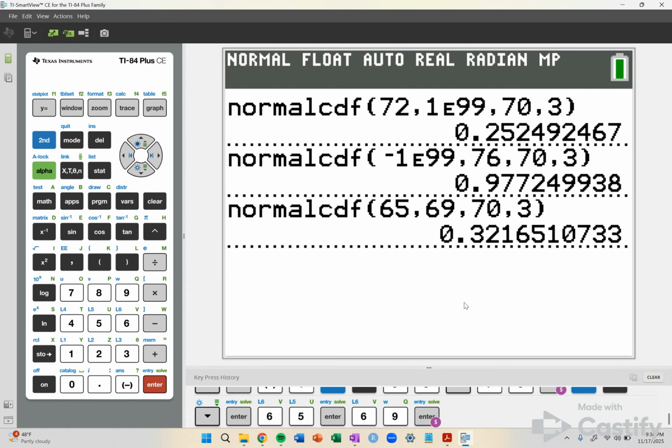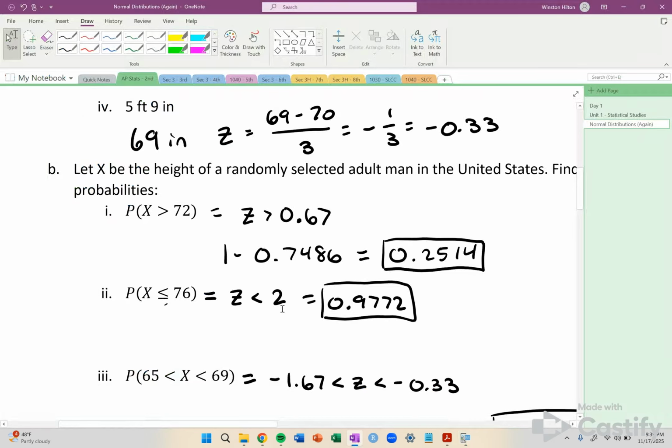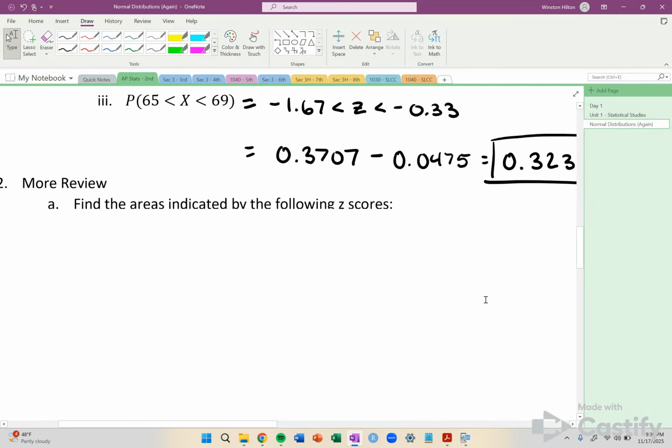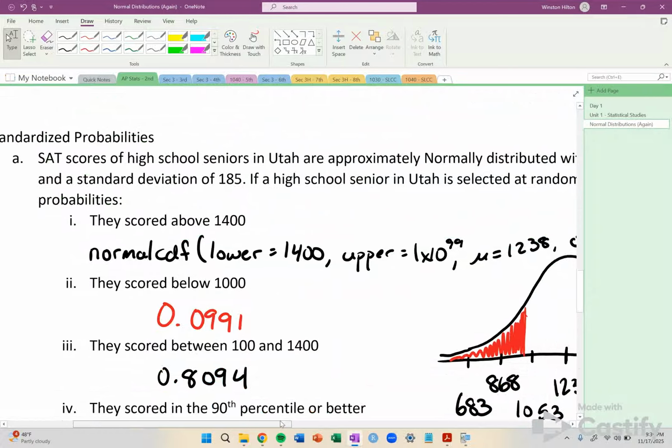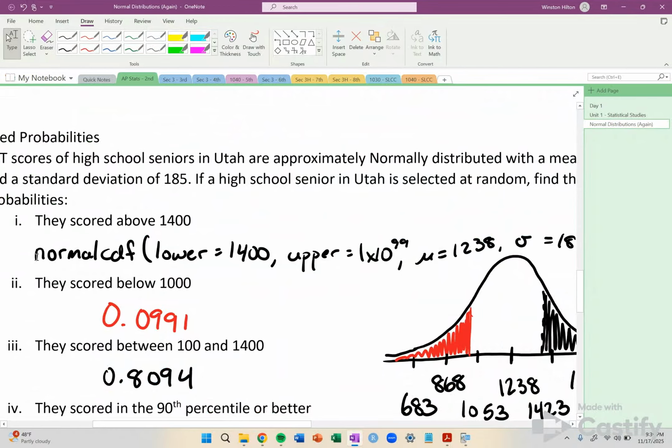Okay. Now, it is important to remember that on the AP test, if you choose to use your calculator to get a probability from a normal distribution, that is perfectly fine, but they need you to write out what you did in a very specific way. I have an example of that down here. Okay, you are going to specify the calculator function you used, in this case normal CDF.